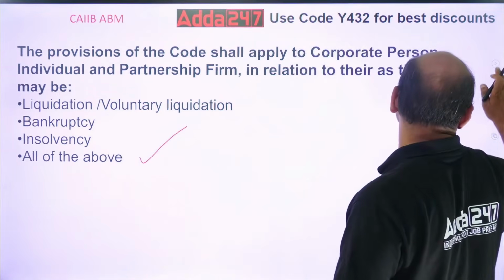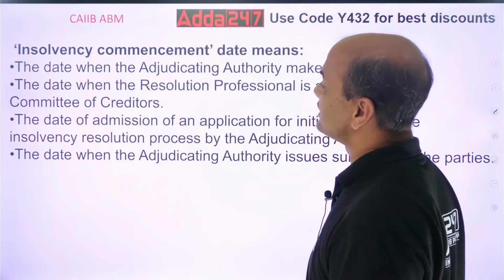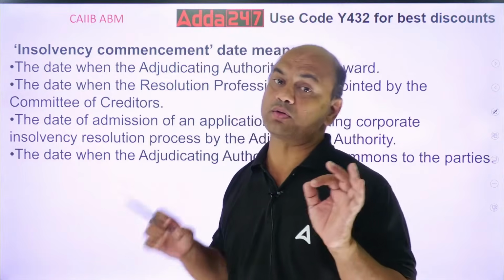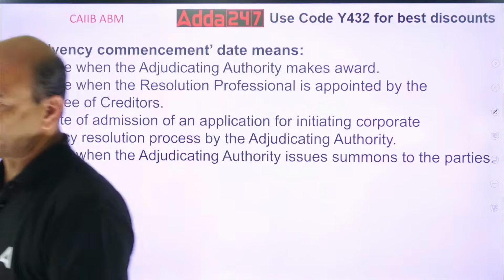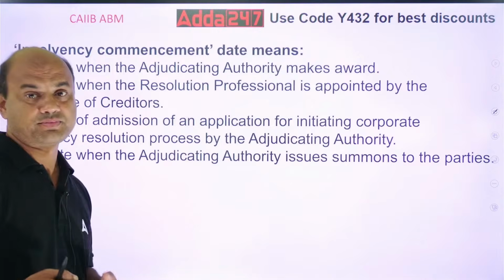So next. Insolvency commencement date, what is the commencement date? These are now the important technical questions and these will be asked in the exam. Insolvency commencement date means, when do we say that the insolvency process has started?